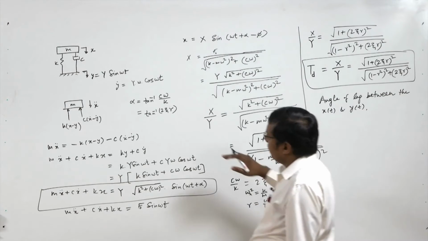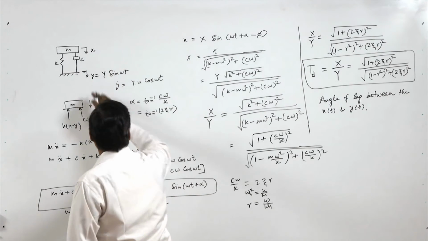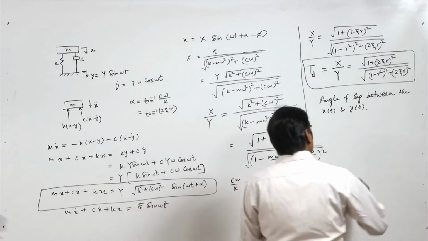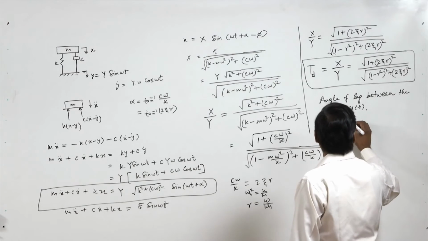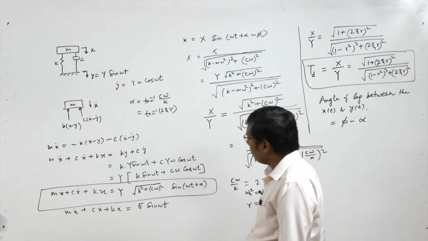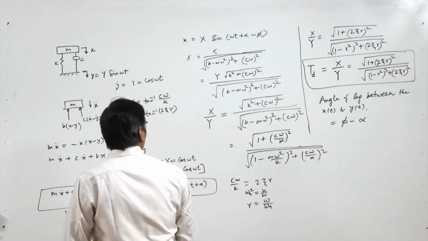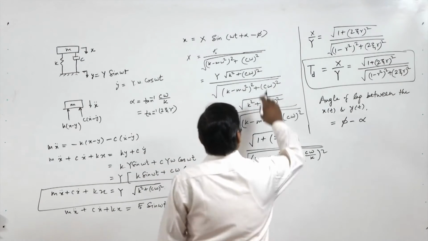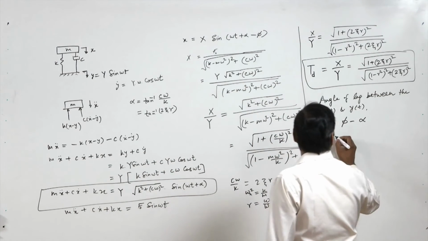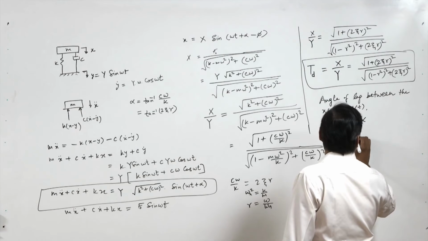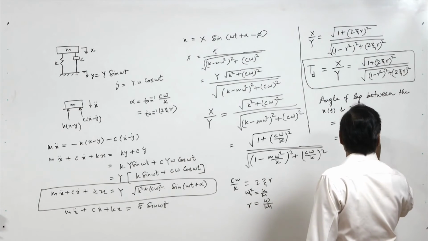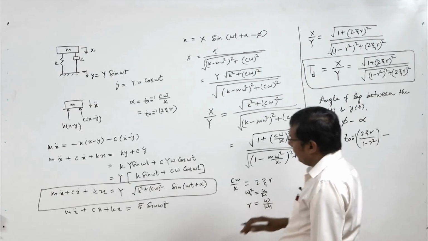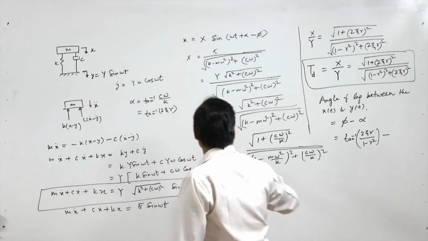How much this motion x is lagging the y, that is equal to phi minus alpha, and phi we know is tan inverse 2 zeta r upon 1 minus r square, and alpha is tan inverse 2 zeta r.